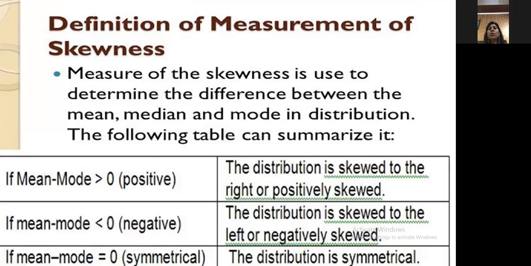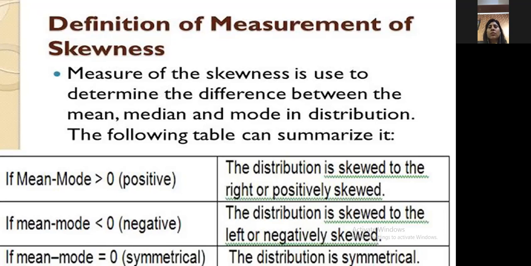The first concept is determining the skewness on the basis of the difference between these three measures of central tendency, that is, the difference in the values of mean, median, and mode. In the table below, you can see the first category, where the difference of the mean and mode is greater than 0. This shows a positive value, and this skewness is called a right or positively skewed distribution.